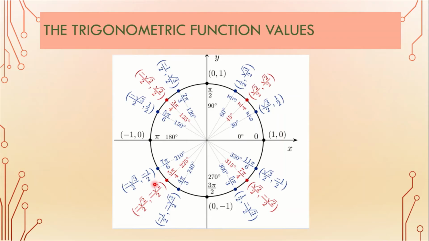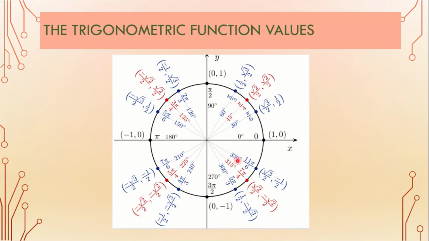Actually, the trigonometric function values are just mirror images of the first quadrant. The only difference is, of course, the signs. It depends on the location of the angle. Okay, so you look at the fourth quadrant.